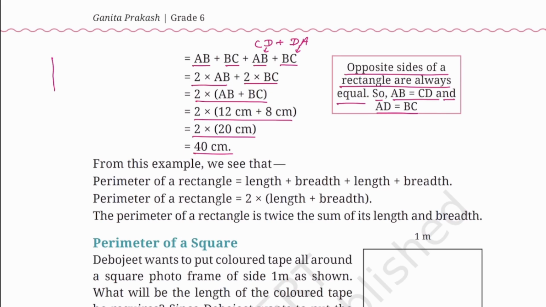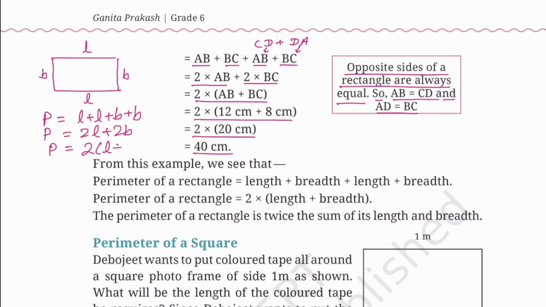You can derive a formula for the perimeter of a rectangle like this. This is L, this is B, this will be L and this will also be B. Perimeter will be 2 times L, 2 times B, or 2L plus 2B, or perimeter is equal to 2 into (L plus B).